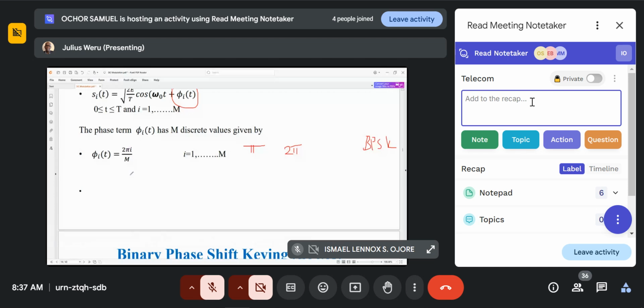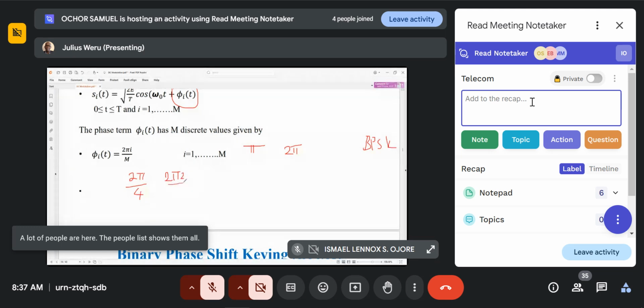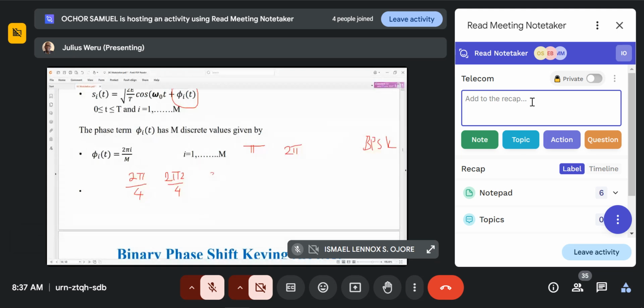If it is quadrature phase shifting, where M is equal to 4, you're going to have 2 pi 1 over 4, 2 pi 2 over 4, 2 pi 3 over 4, and 2 pi 4 over 4, which is just 2 pi.